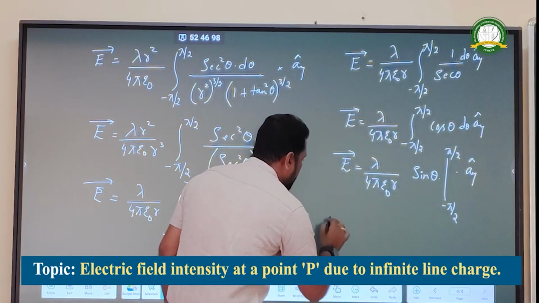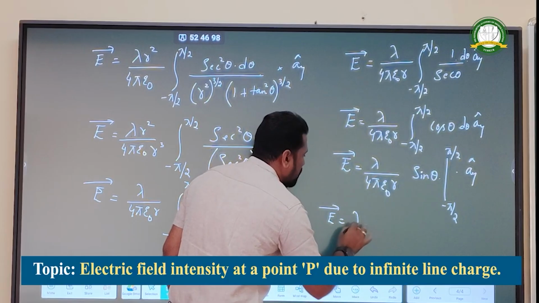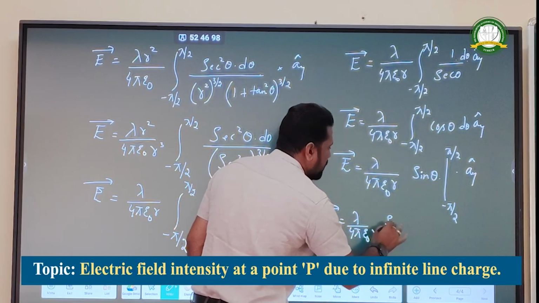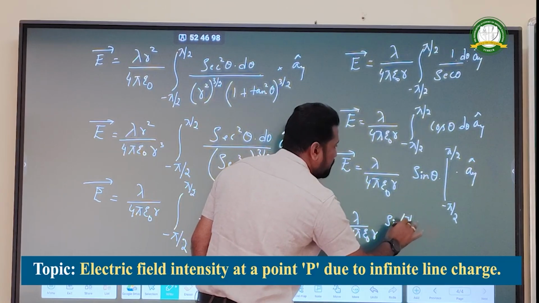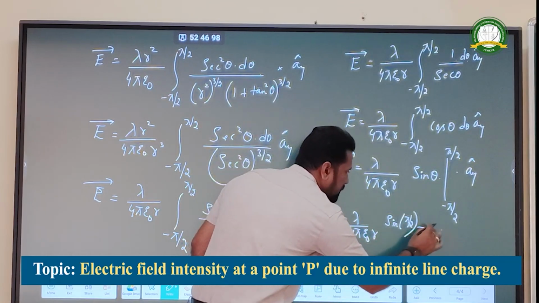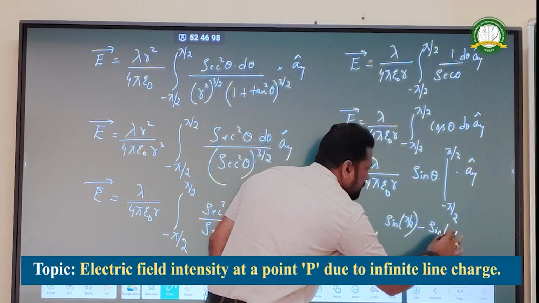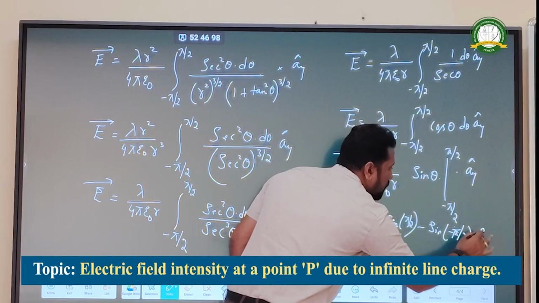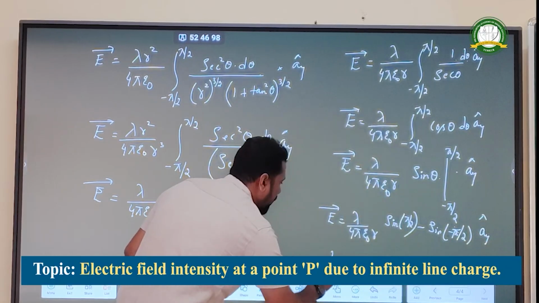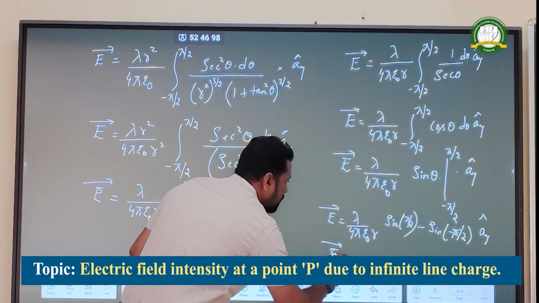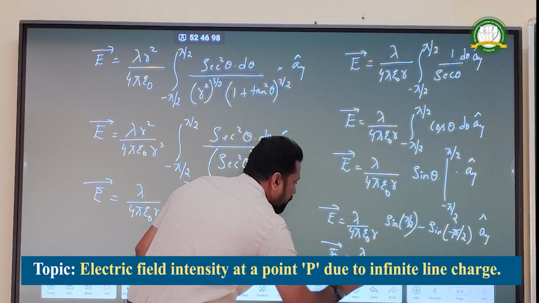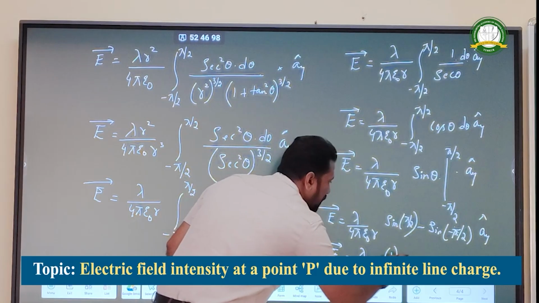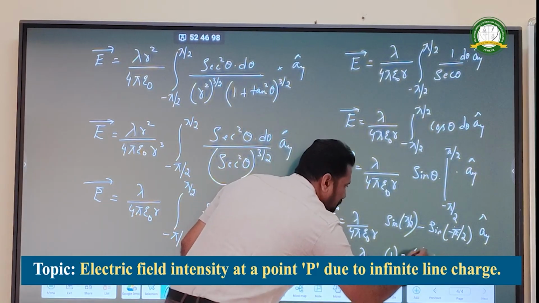By applying the limits, E is equal to lambda divided by 4 pi epsilon naught r, sin pi by 2 at the upper limit minus sin of minus pi by 2, into ay cap. Sin pi by 2 is 1, minus sin of minus pi by 2 is minus 1.